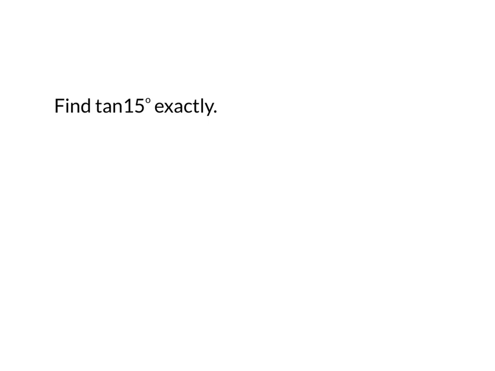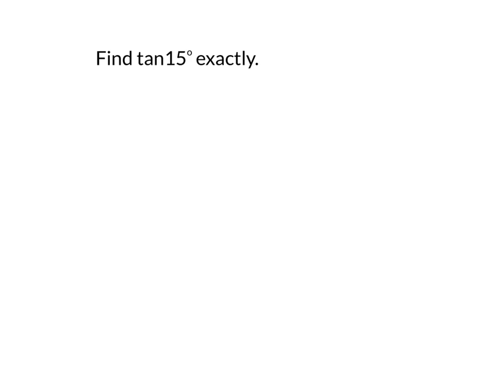All right, here's what we're going to do. The first one says find the exact value of tangent 15. So what I've got to do is figure out some way to write 15 with either addition or subtraction. I don't know what tangent 15 is exactly, and if I punch it in my calculator, it's not going to tell me the exact answer. It's going to give me a decimal. So I'm going to rewrite it with stuff we know, like the 45s and the 30s.